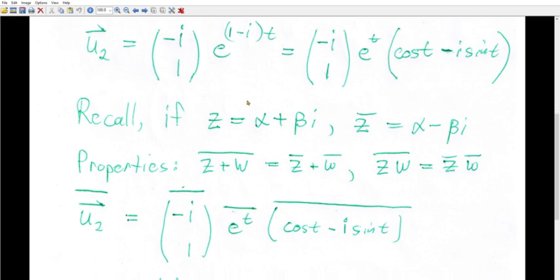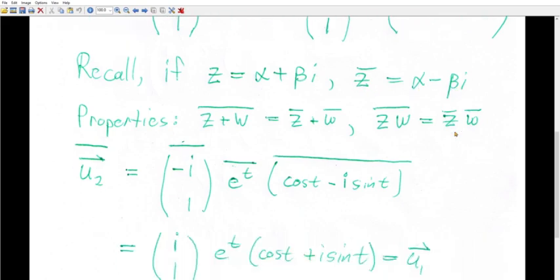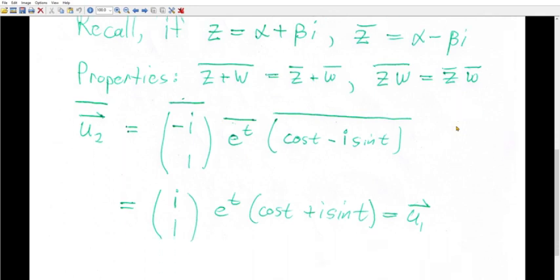So let's remember what a conjugate is. If you've got a complex number, alpha plus beta i, the conjugate is defined to be alpha minus beta i. Properties we've seen before: the conjugate of a sum is the sum of the conjugates, and the conjugate of the product is the product of the conjugates.